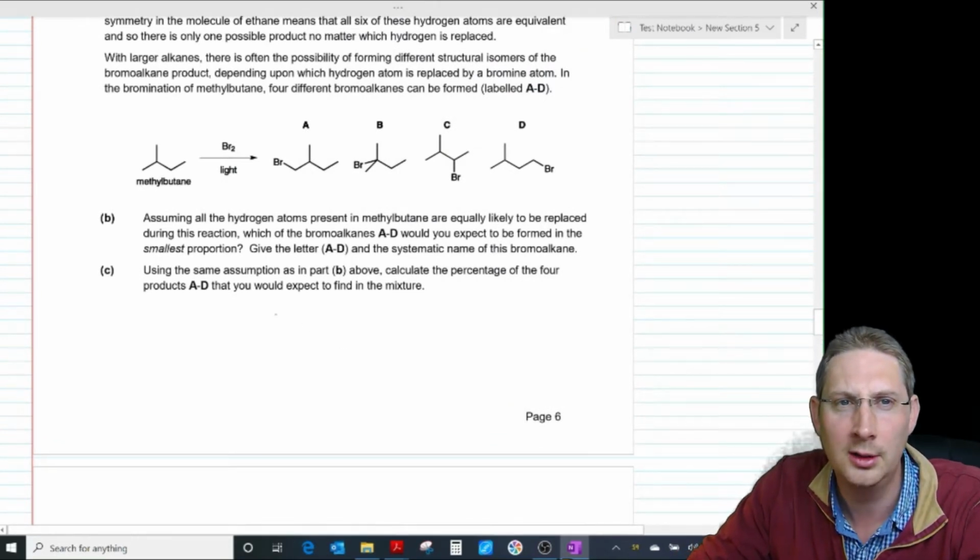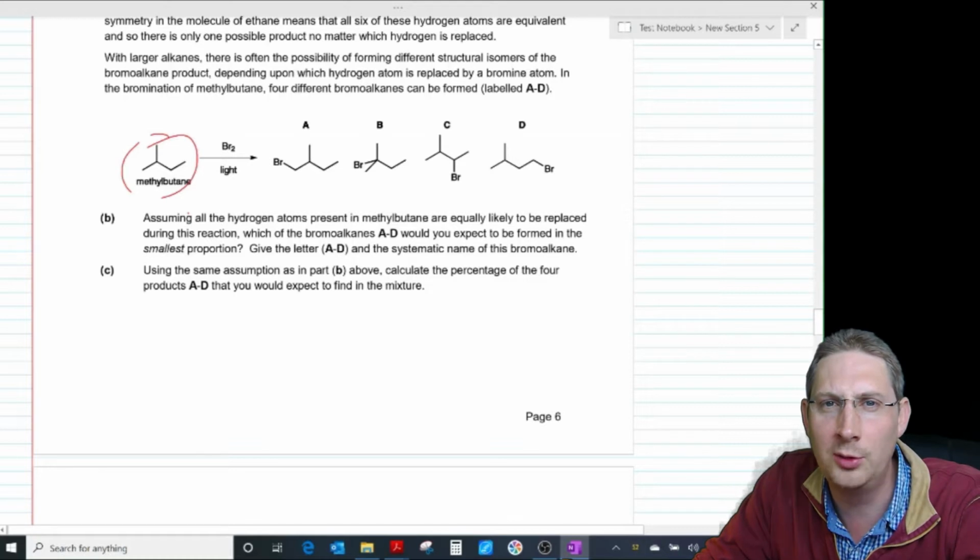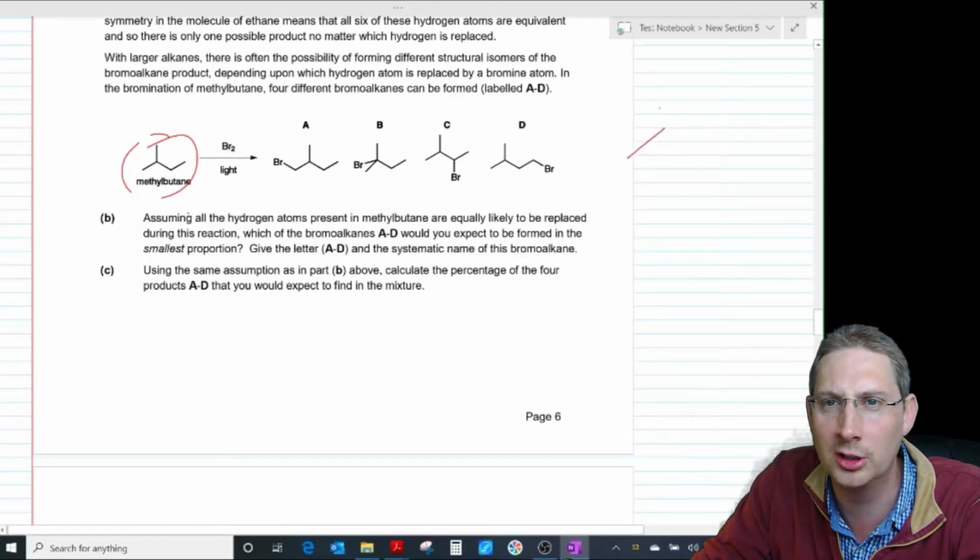For example, when we do this reaction with methylbutane, we end up with 4 different bromoalkanes. Assuming the hydrogen atoms present are equally likely to be replaced, which of the bromoalkanes would you expect to be formed in the smallest proportion?